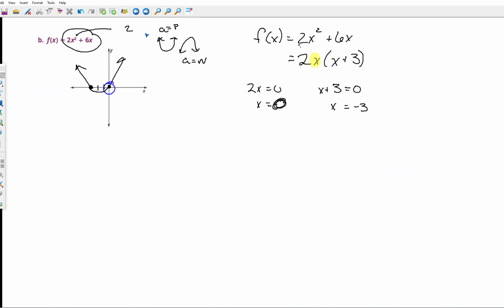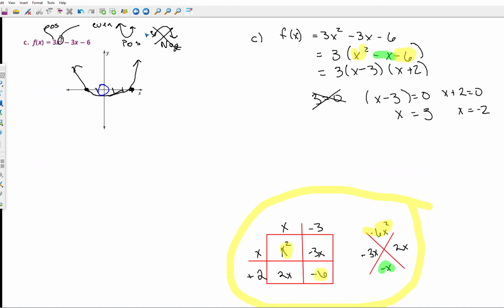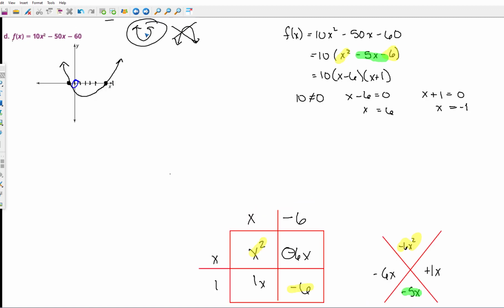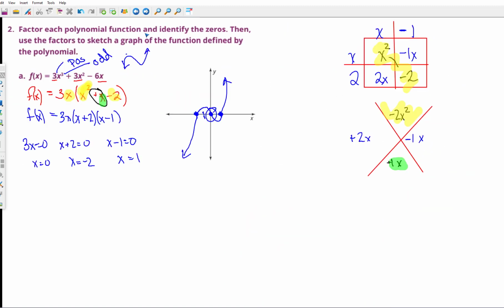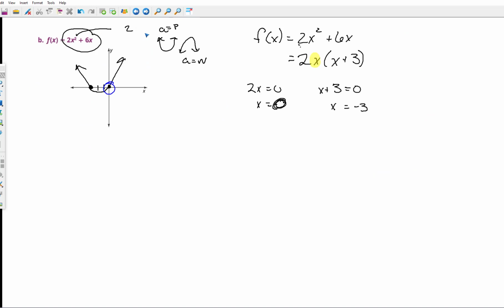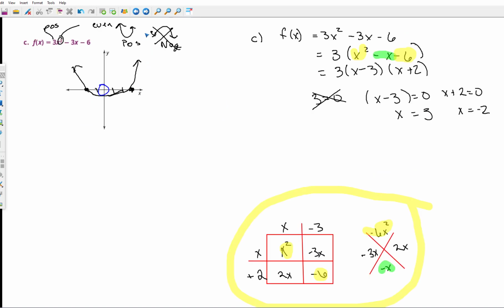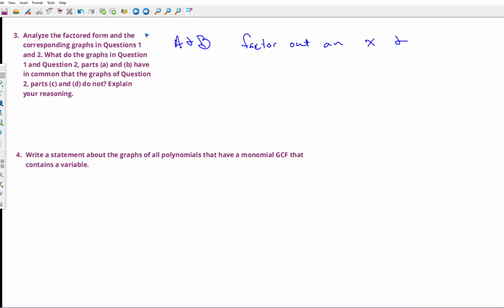Hint, look at that blue circle. So A and B cross the origin, right? C and D did not. So A and B were able to factor out an x, and the graph went through 0, 0.